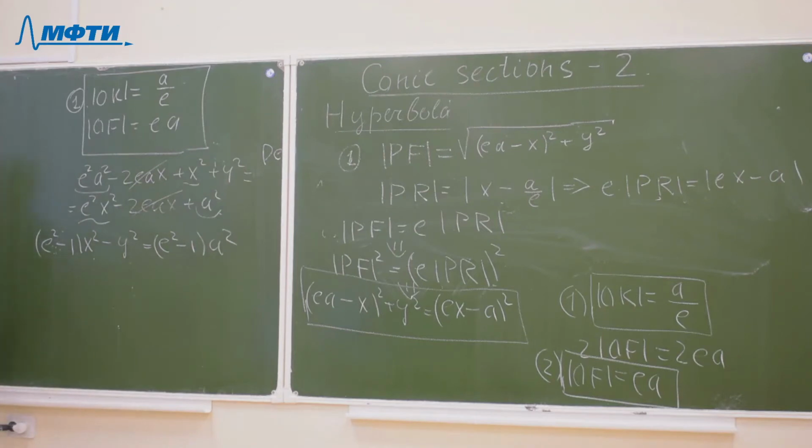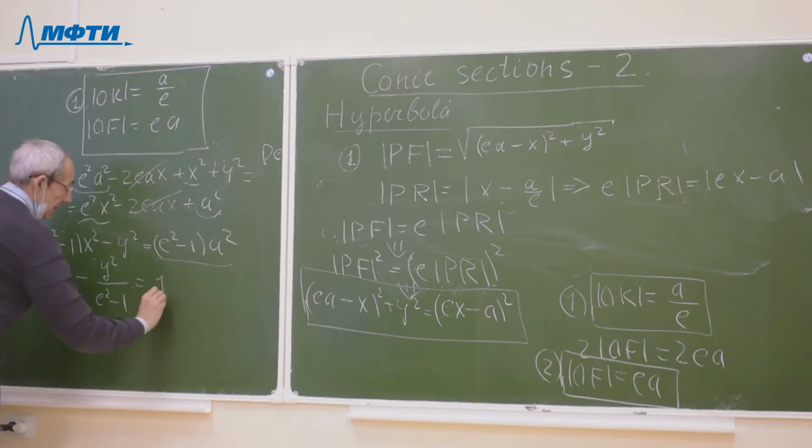And we can divide this expression on the left side, and we obtain the ratio x square over a square minus y square over e square minus 1 a square is equal to 1.